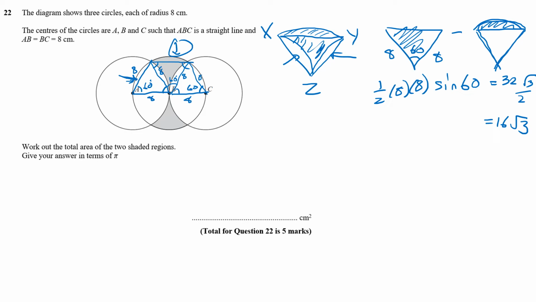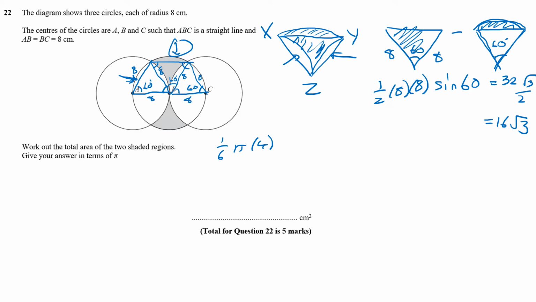So the area of the sector is going to be, well, first of all, we've got a 60-degree angle here, so this is 1/6 of a full turn, so what we've got is 1/6 of a circle. So 1/6 of pi r squared.